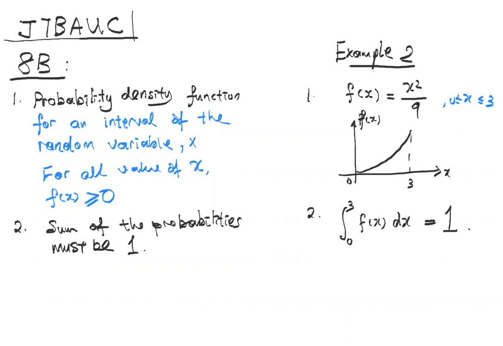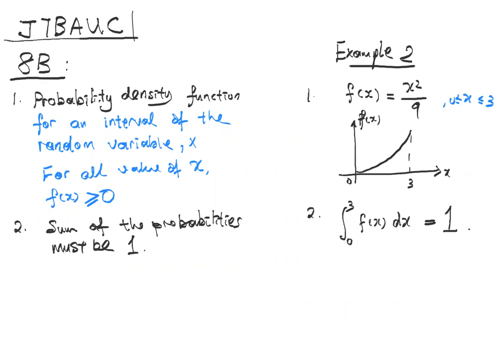If the first criteria is not satisfied, you don't want to talk about the second criteria. Are you clear? First, the probability density function for all possible values of x must be greater than or equal to 0. Second, the sum of the probability, that means the area bounded by the curve for that particular domain of x, or the possible values of the variable, must be equal to 1.